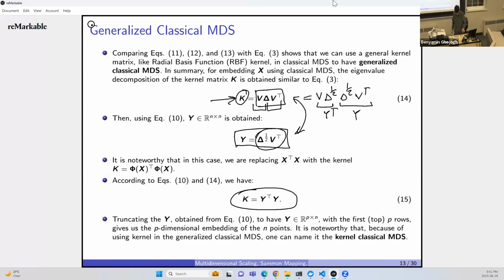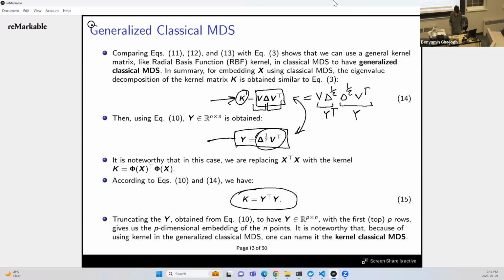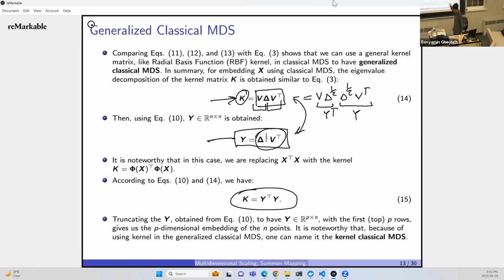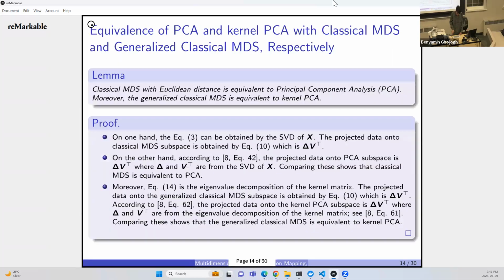So basically, in generalized classical MDS, we apply eigenvalue decomposition on kernel K in equation 14, and then we use this equation in order to calculate Y, the embeddings. We can show that classical MDS with Euclidean distance is equivalent to principal component analysis.